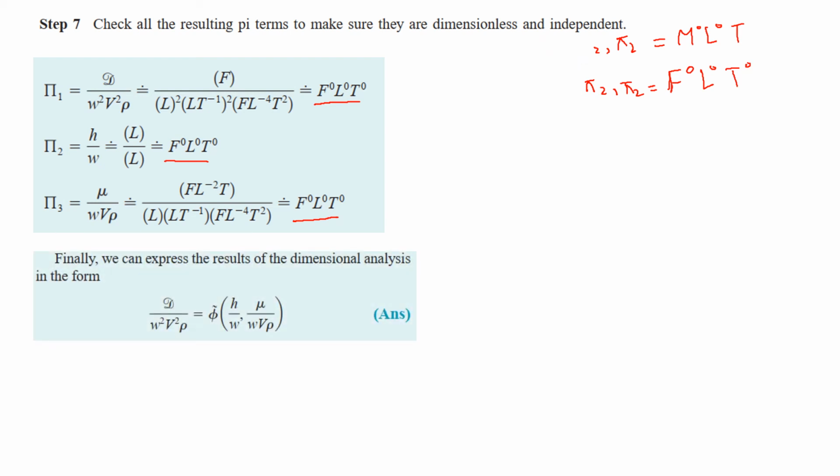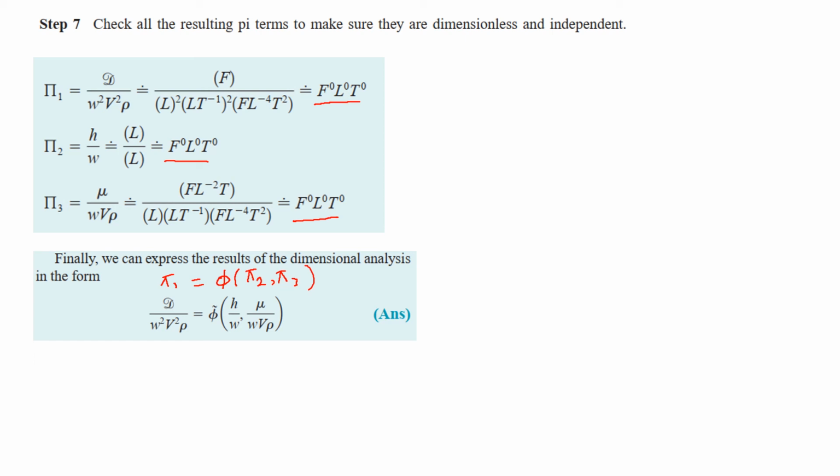Now in the next step we are going to represent our results of the dimensional analysis, and we are going to write the pi terms like this. Here you can see that this is our pi 1. We can express the results as pi 1 equal to a function of pi 2 and pi 3.